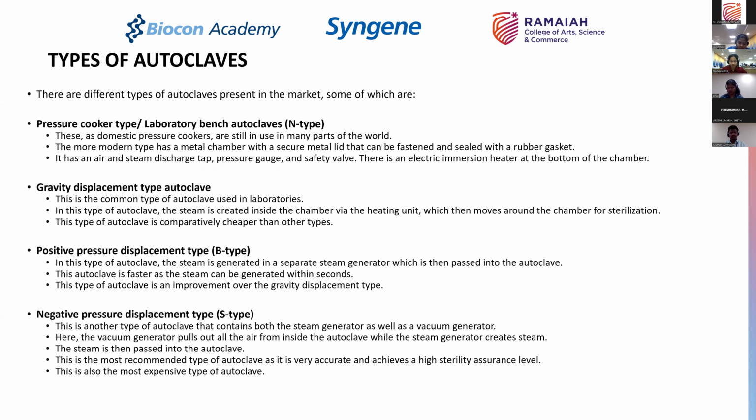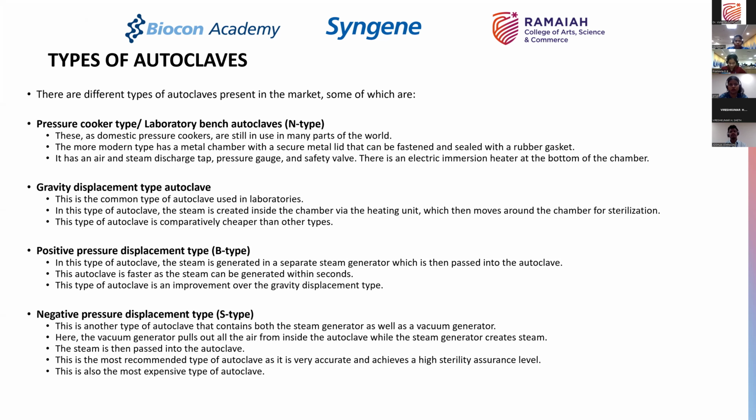The first one is a laboratory bench autoclave, or what is called an N-type autoclave. These are nothing but domestic systems or pressure cooker type systems which are still used in many parts of the world. As I said, in smaller clinics and smaller cities, these are still in use.